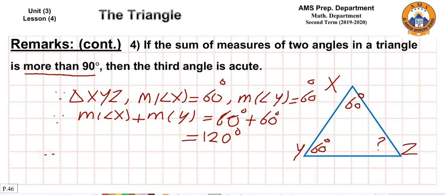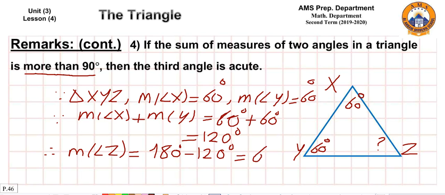Now to find the measure of angle Z, it will be 180 minus 120 equals 60 degree. Yes, is it acute? Yes, angle Z is an acute angle.